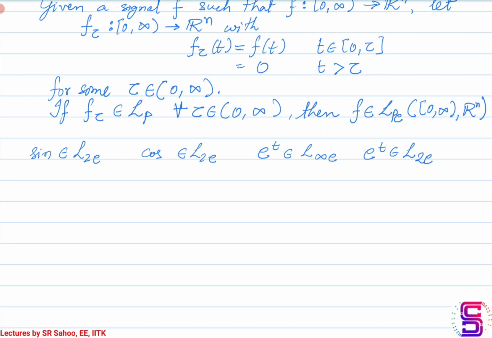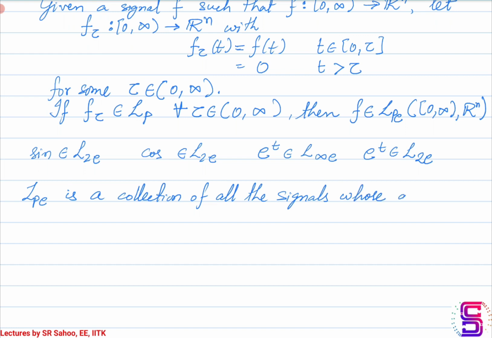So the LP extended space is a collection of all the signals whose all possible truncated versions are in the LP space.